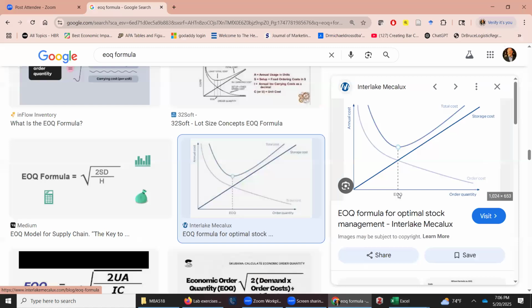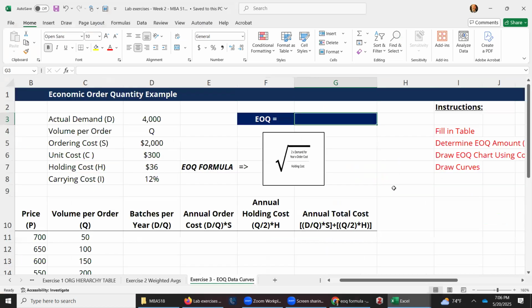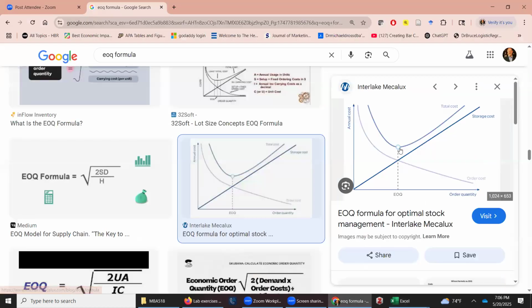Will it draw it for us, or are we supposed to input that somehow? No, you'll need to draw that. Basically what you'll see is that all these curves will cross.